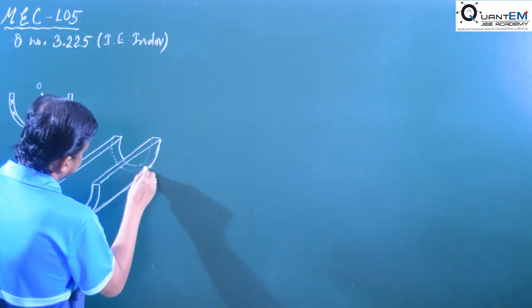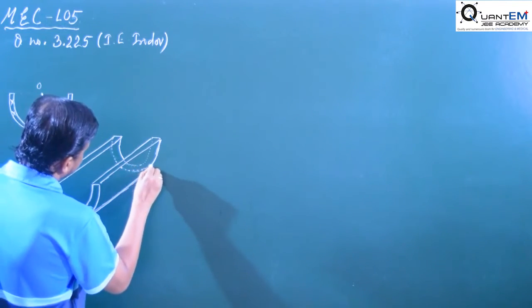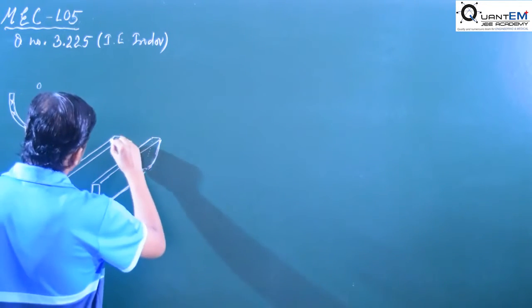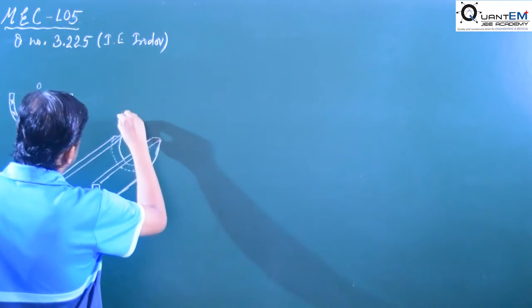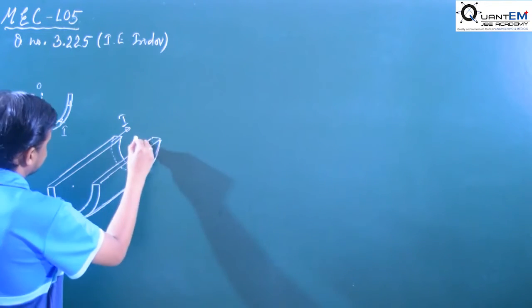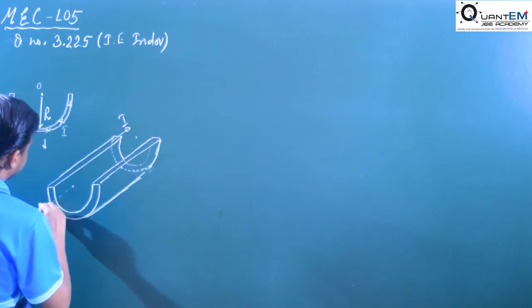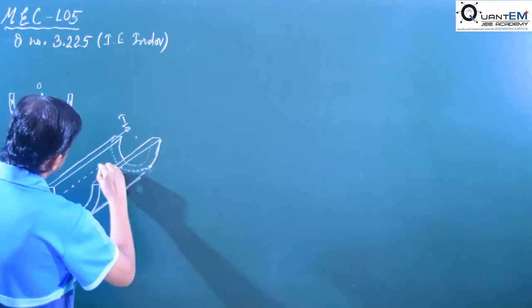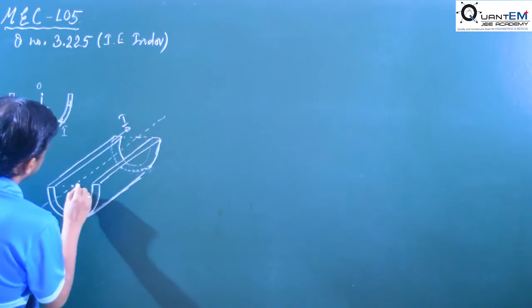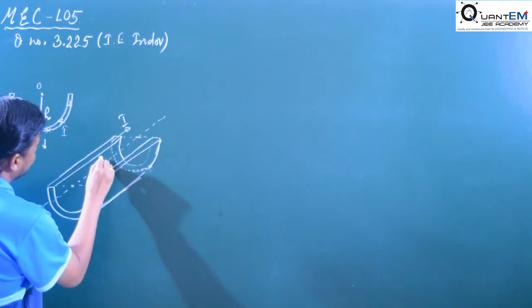This one is also inside, dotted. The conductor is like this. Current is flowing. Current through the whole section is I, and this one is the central axis. At any point on the central axis you have to get magnetic field intensity.